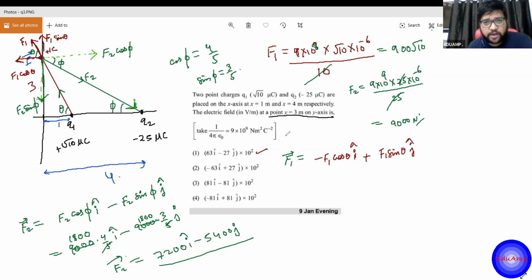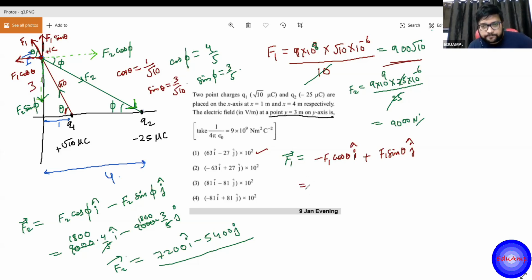I know the value of theta. For this triangle, cos theta is 1 upon the hypotenuse length, which will be square root of 3 square plus 1, so this is 1 upon root 10. Sin theta will be 3 upon root 10. Fine. And F1 I already have, 900 root 10.